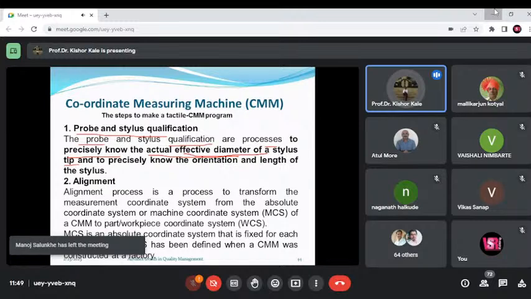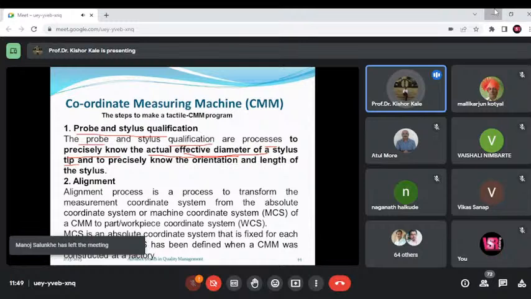After that, you have to find the relationship between MCS and WCS, how much it varies by angle and by distance. This is very simple: it will vary in the X direction, Y direction, and Z direction. So we know how much it varies.